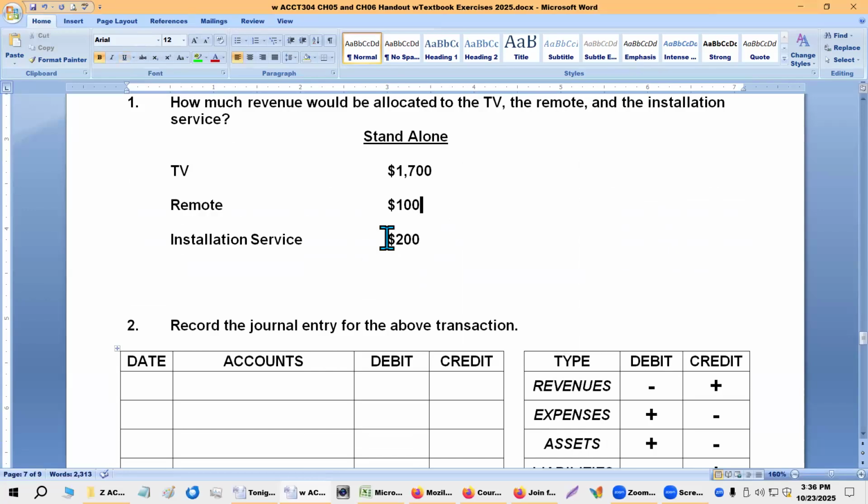Because if we add these up, we get $2,000.